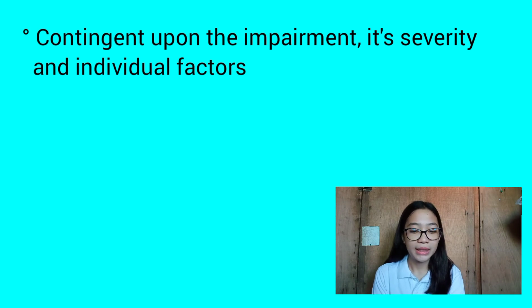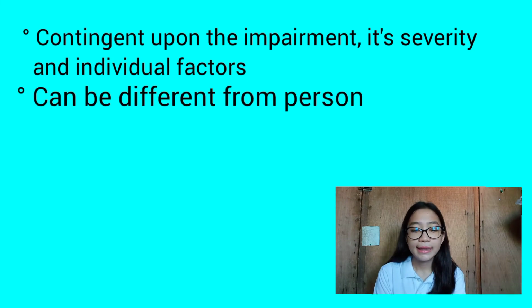There are also learning characteristics in difficulty of walking and moving. First, it is contingent upon impairment, its severity, and individual factors. Second, it can be different from person to person, so the impact can be mild to severe.